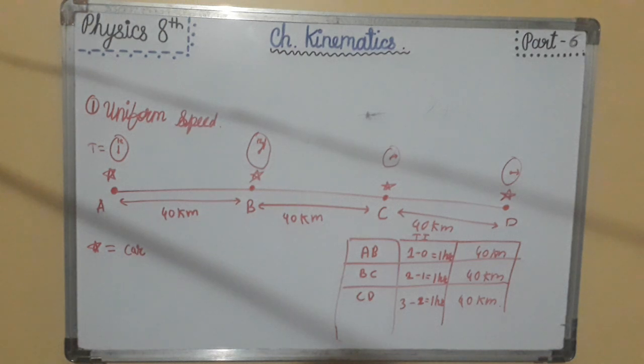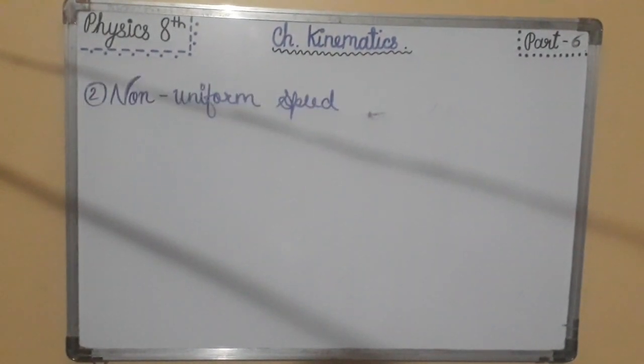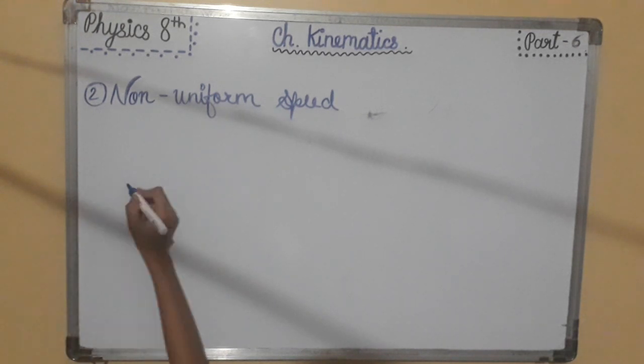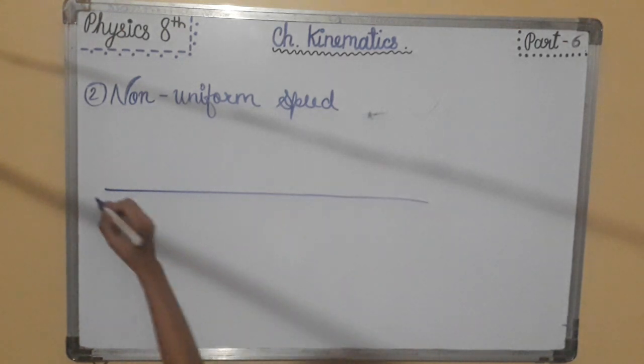Let us study the next type of speed, that is non-uniform speed. Observe the distance traveled by the car; the figure is again like this.